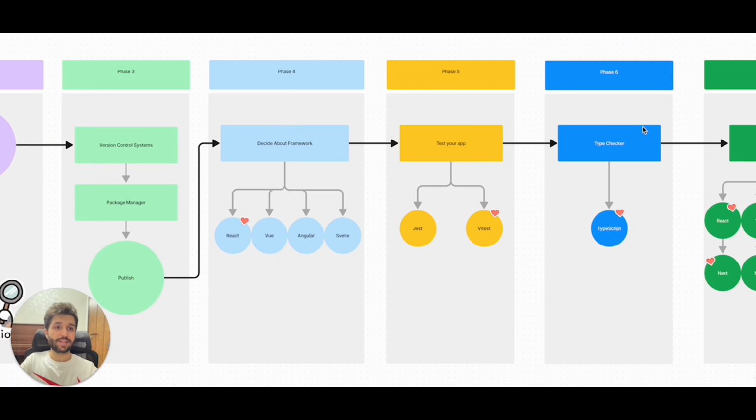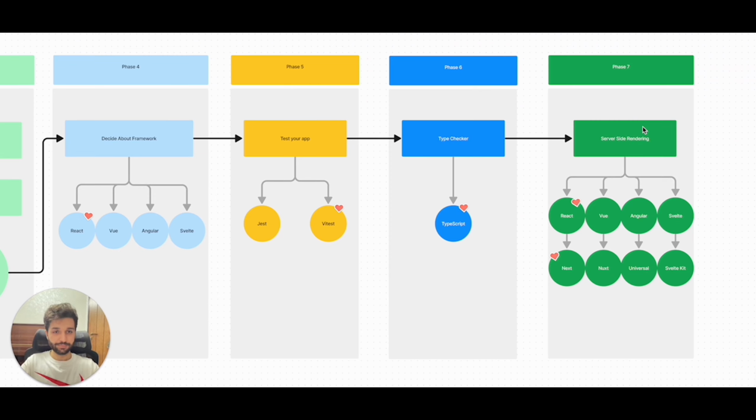Let's go to our last phase. Phase 7 is about server-side rendering. If you want to have an SEO, search engine optimization, friendly website, you should use server-side rendering.